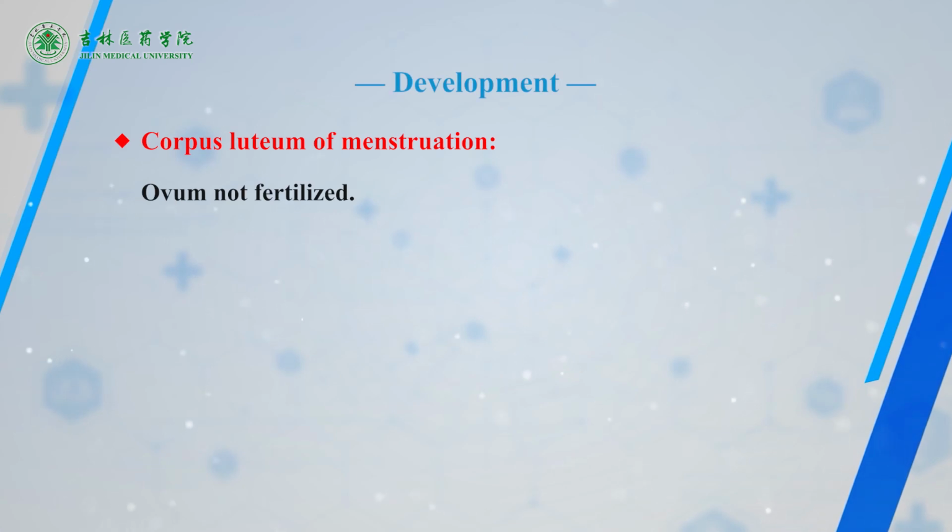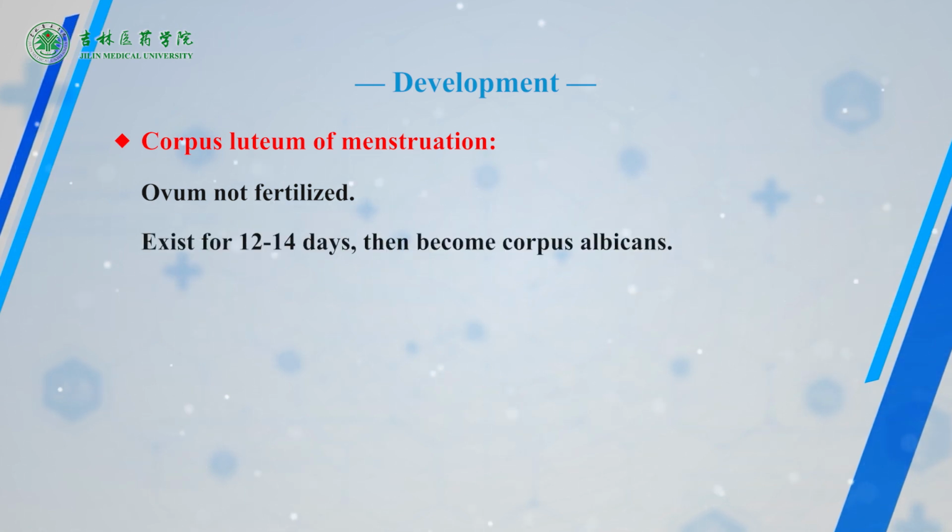The fate of the corpus luteum depends on whether pregnancy is established. Following the stimulus by LH, the corpus luteum is programmed to secrete for 10 to 12 days.